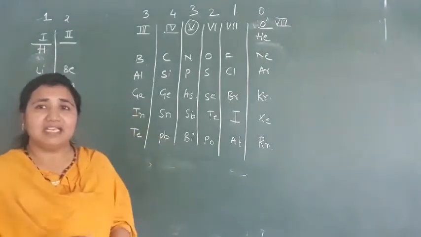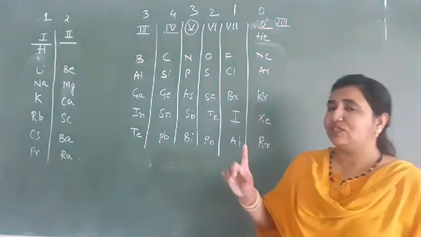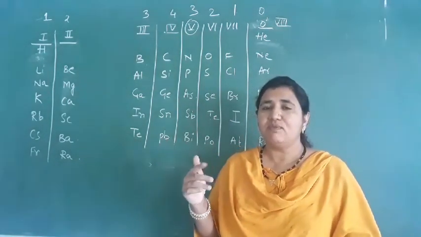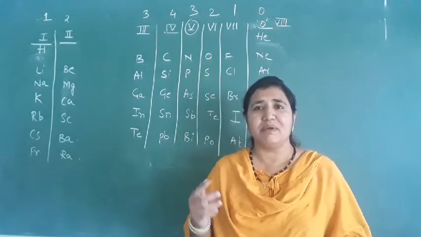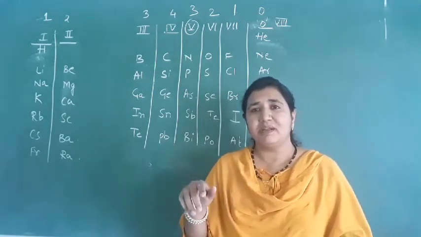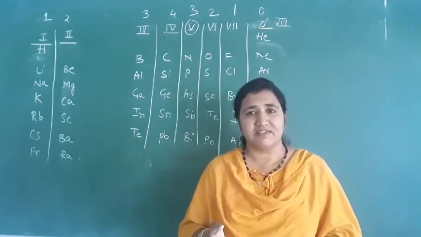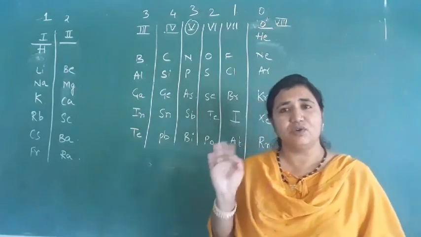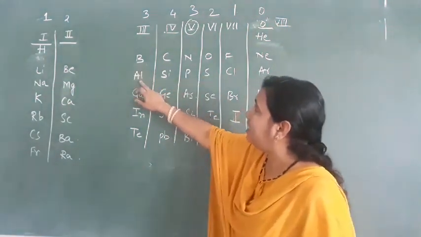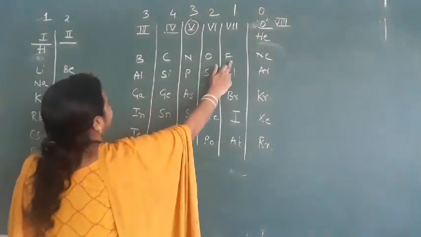You should know the valency; that is very important. First and second group valency is 1 and 2, the third and fourth groups are 3 and 4, and the fifth, sixth and seventh groups are 3, 2, 1. Especially know the second and third periods: lithium, beryllium, boron, carbon, nitrogen, oxygen, fluorine.